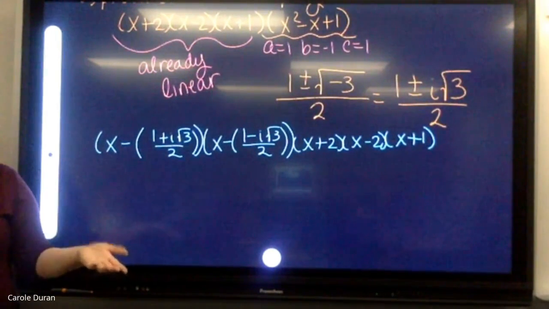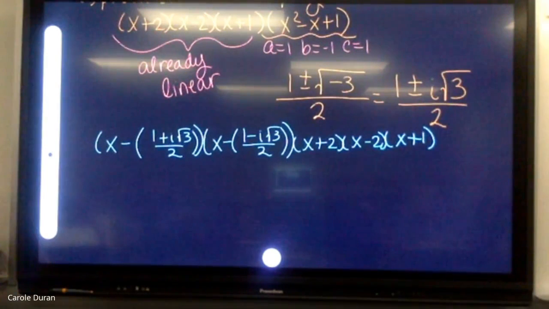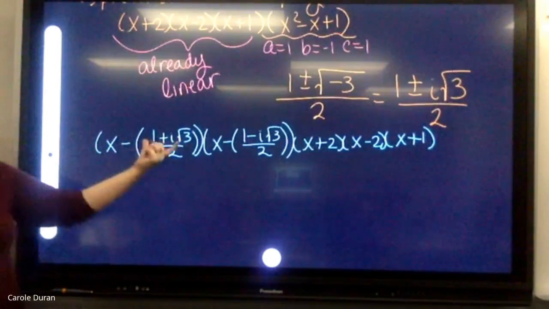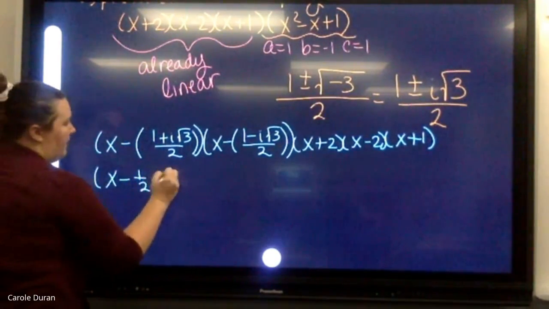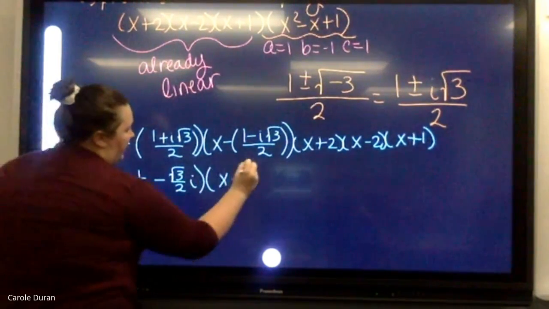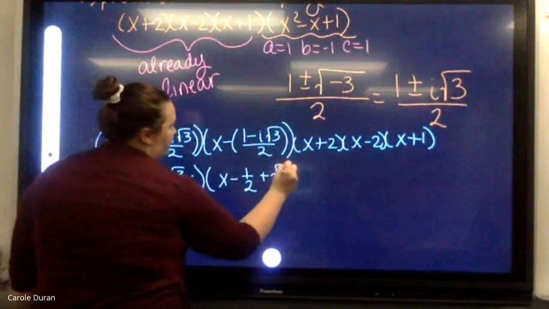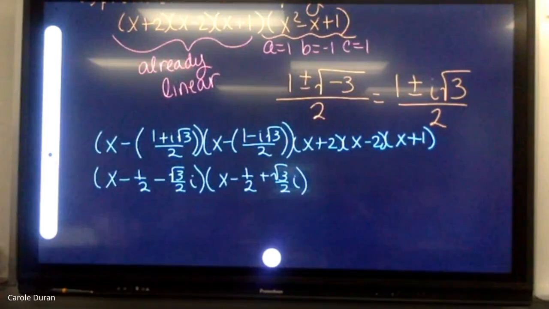So this would become x minus 1/2 minus root 3 over 2 i, and then x minus 1/2 plus root 3 over 2 i, and then those 3. That would be the simplified version. Either one is fine. This is where most people like to stop.